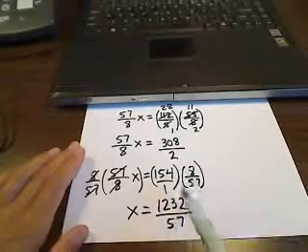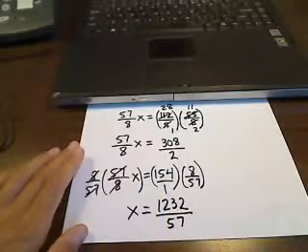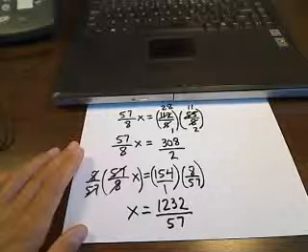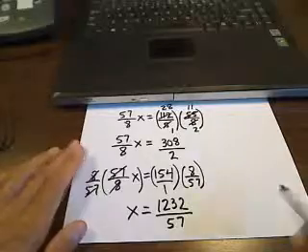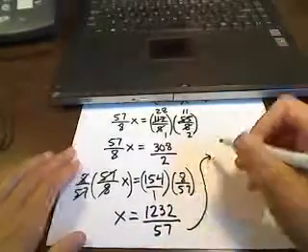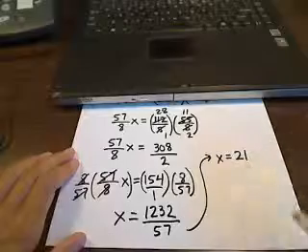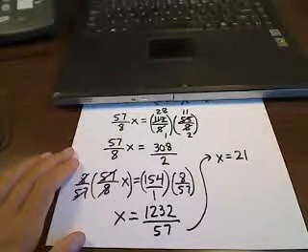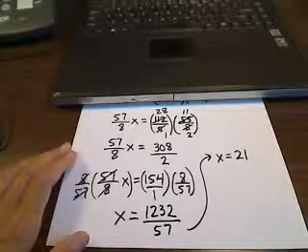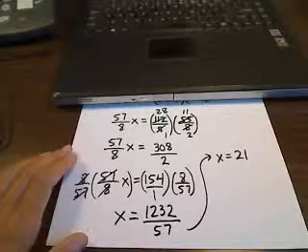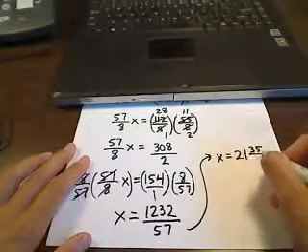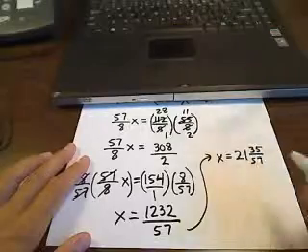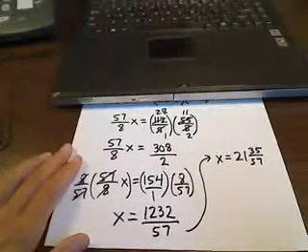I'm multiplying tops and multiplying bottoms. To make a mixed fraction out of 1232, we divide by 57 and get 21 for the whole number. 21 times 57 is 1197, so 1232 minus 1197 leaves 35. So 21 and 35/57ths is what we're looking for.